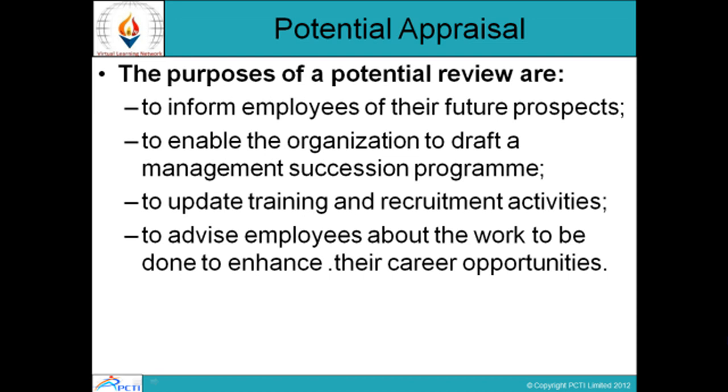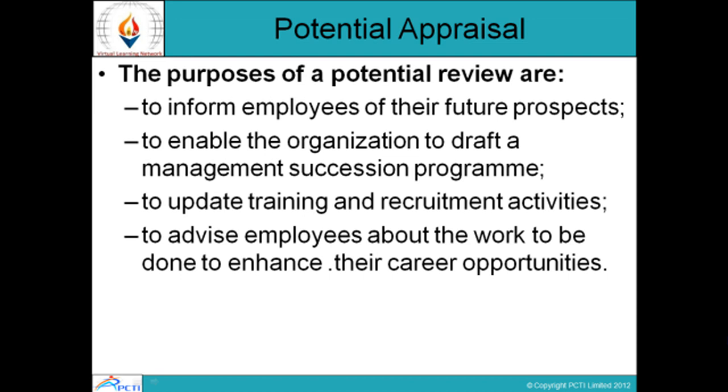Then to enable the organization to draft management succession programs and plans. Then to upgrade the training and recruitment activities, to improve them.